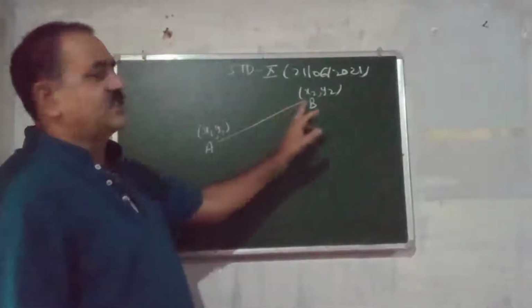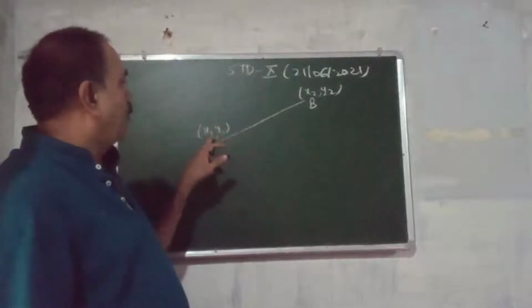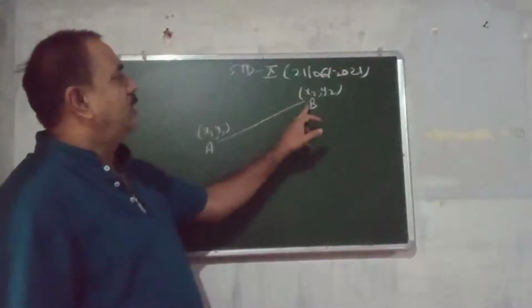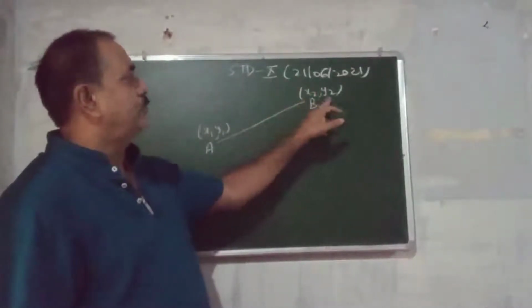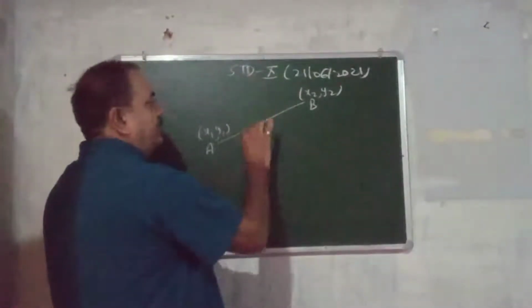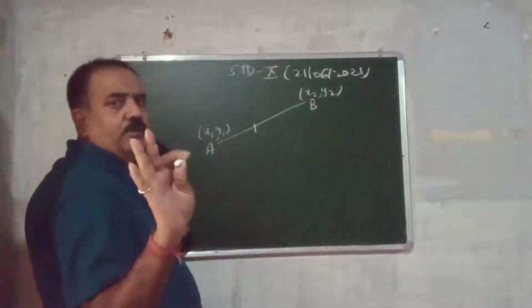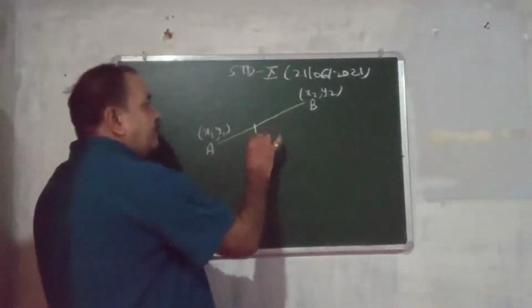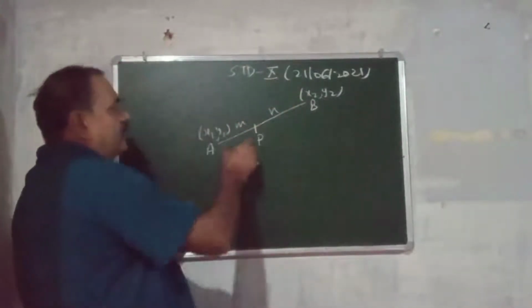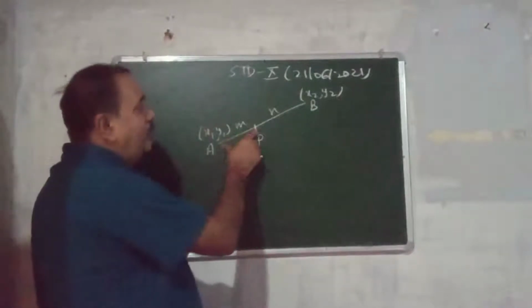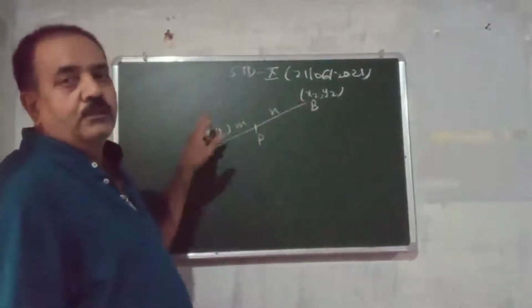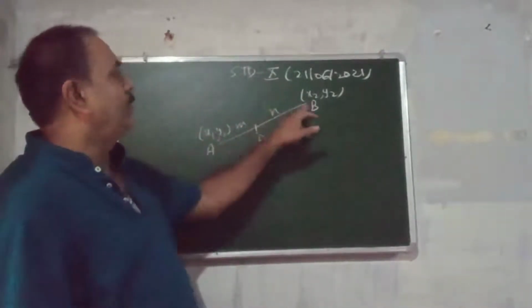This line is divided by a point P in the ratio m is to n, meaning AP is m and PB is n.